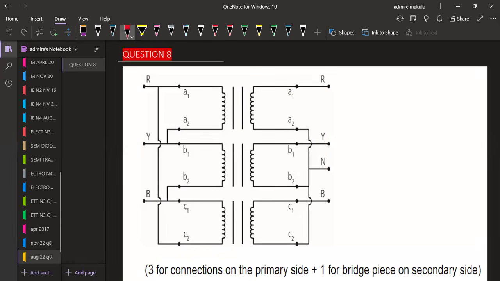So meaning to say all the connections that you're given are supposed to be properly presented, and also the bridge that you have on the secondary side. So make sure that all the connections that you are given are properly presented.